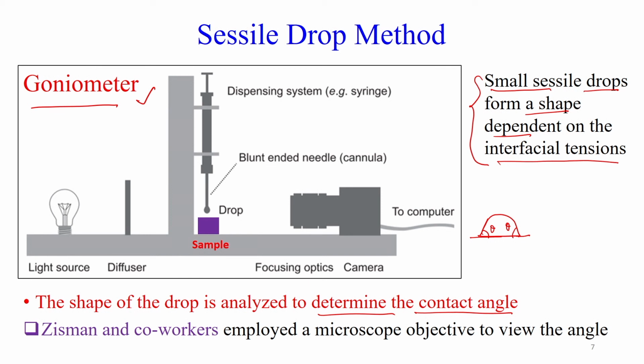This setup is like a horizontal microscope, with a light source, a filter and a camera. This is the stage where you put your sample, and using a syringe you add a drop of the liquid.